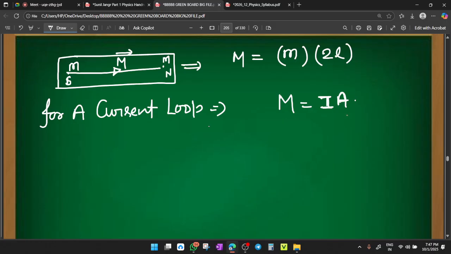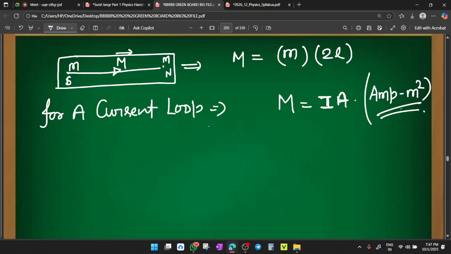So M equals IA. Very, very important. So what will be the unit of magnetic dipole moment from here? The unit of I is ampere and the unit of area is meter square. So the unit of M equals ampere meter square. Capital M equals ampere meter square.